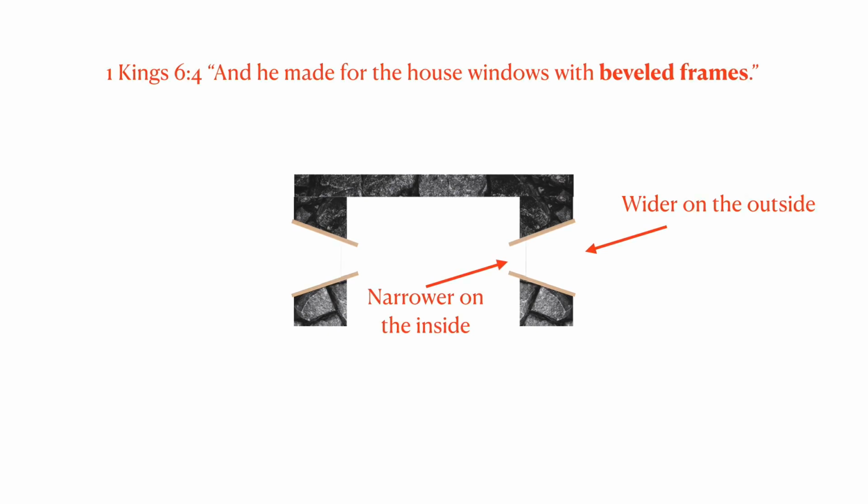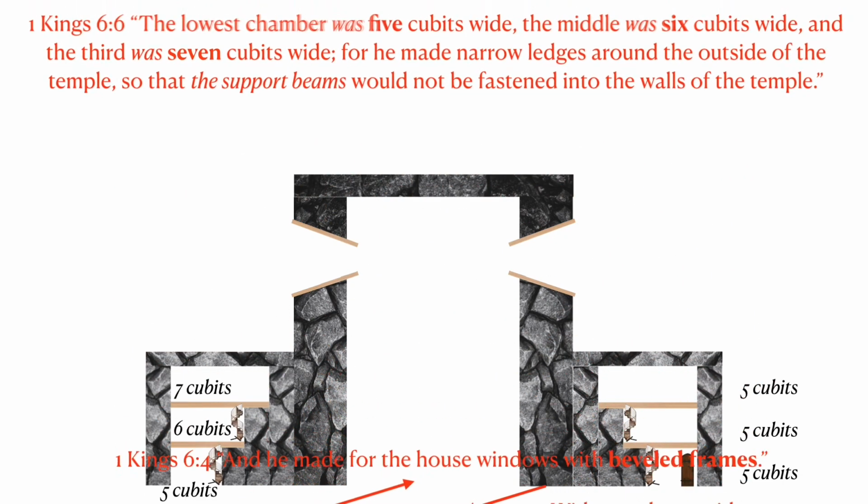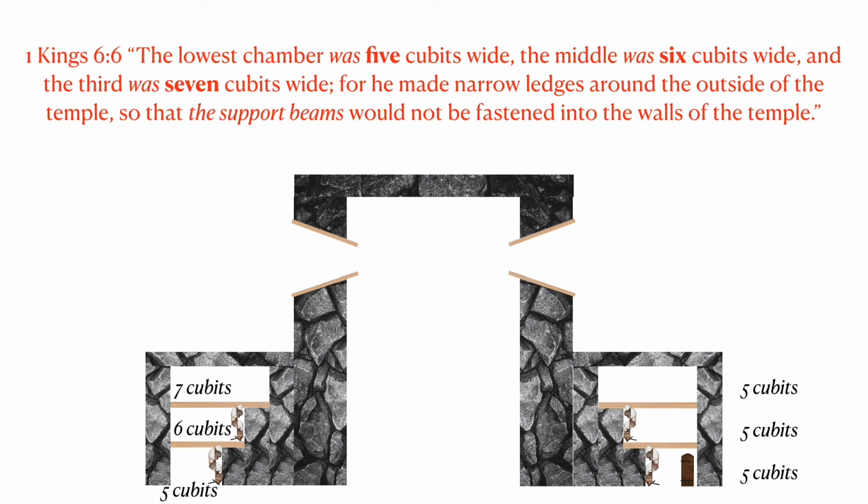And he made for the house windows with beveled frames. The lowest chamber was 5 cubits wide, the middle was 6 cubits wide, and the third was 7 cubits wide.